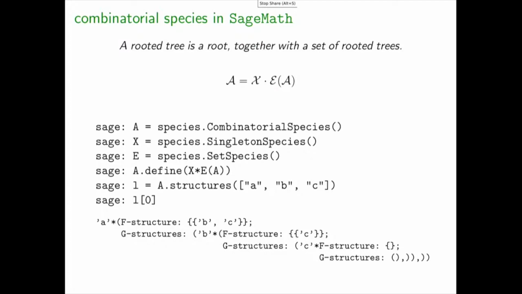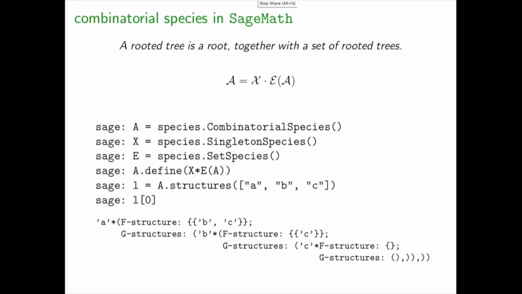Okay. Is there a question? Can you say again what F structure and G structure mean? What does it mean that it's an F structure in the composition? So here we have this composition E of A, sets of trees.